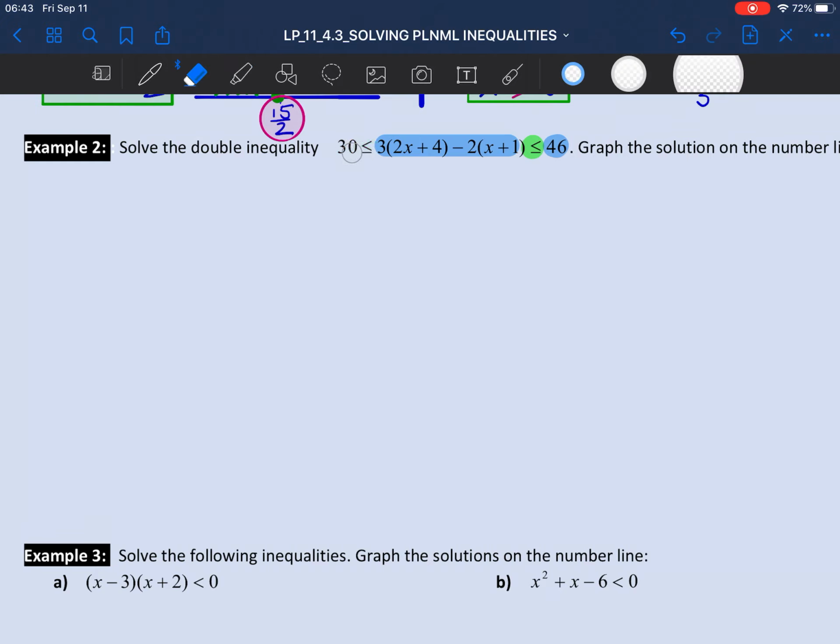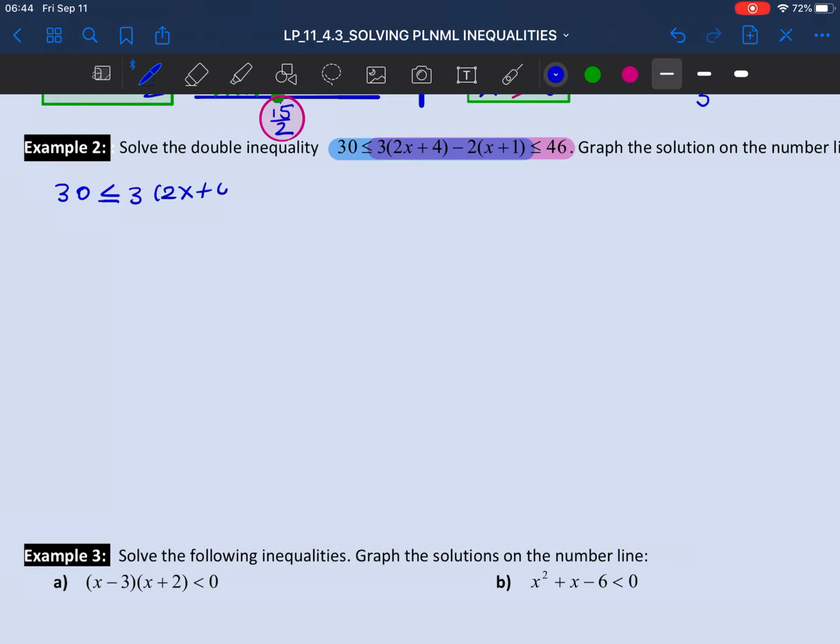When we solve double inequalities, we have to keep in mind that a double inequality is nothing but 2 inequalities put together, or 2 conditions put together that must be satisfied simultaneously, so at the same time. In our case, it means that 30 must be less than or equal to 3 times 2x plus 4 minus 2 times x plus 1.